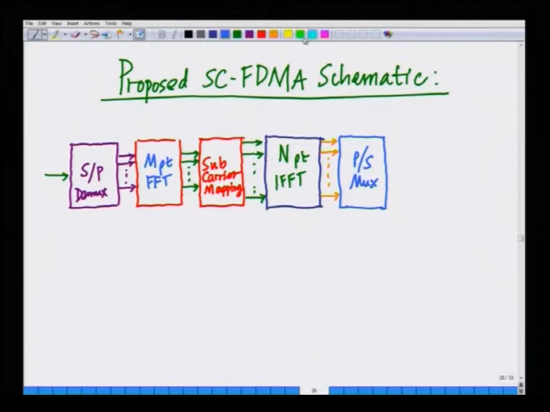Once I multiplex these signals, I will then add the cyclic prefix and then transmit these samples.